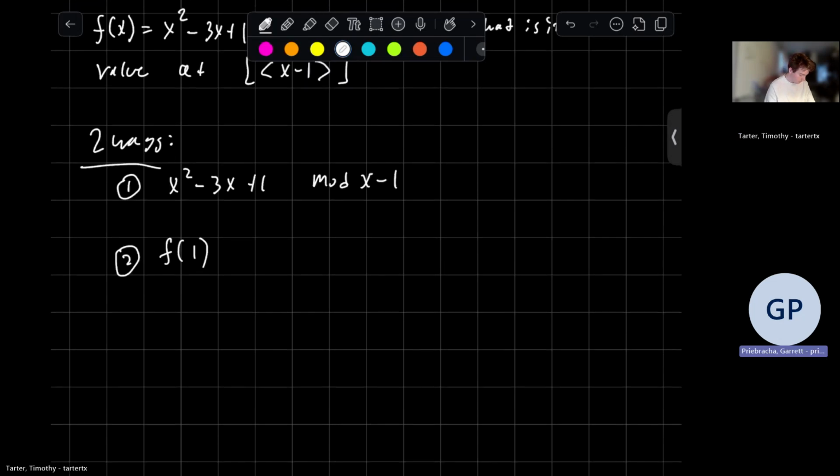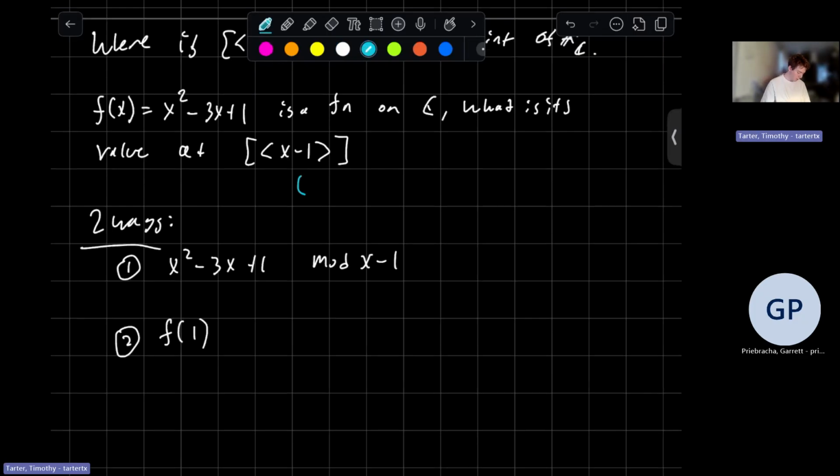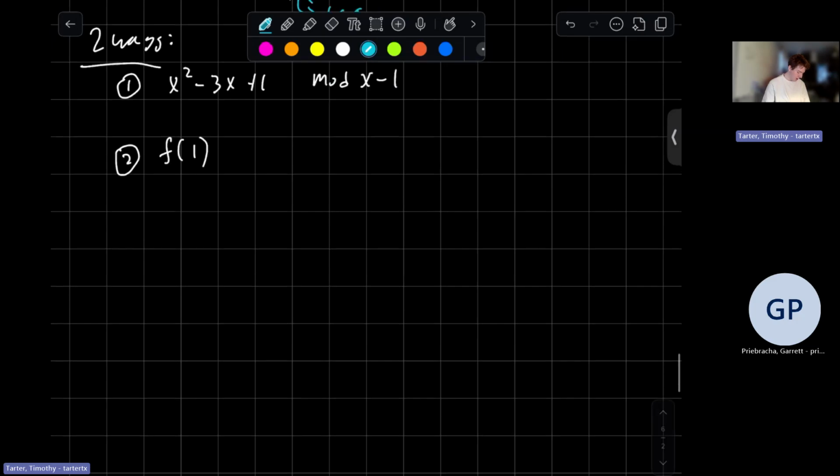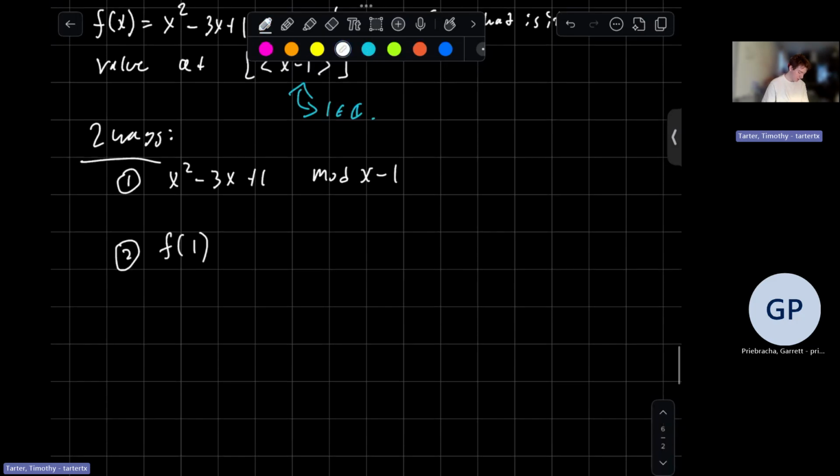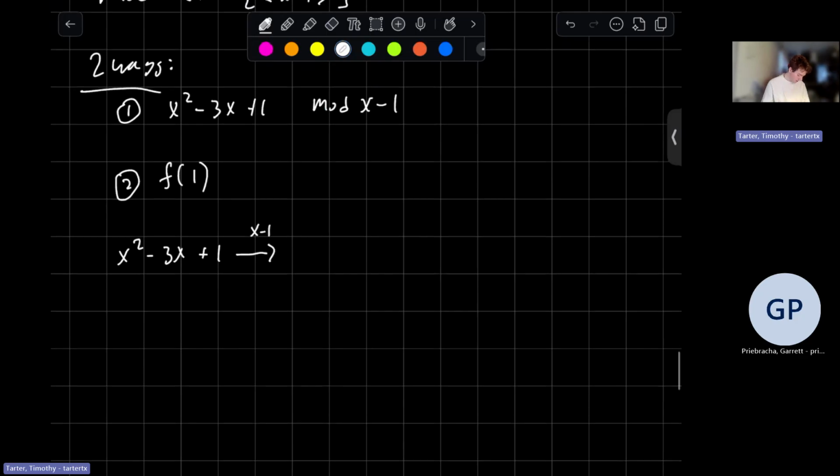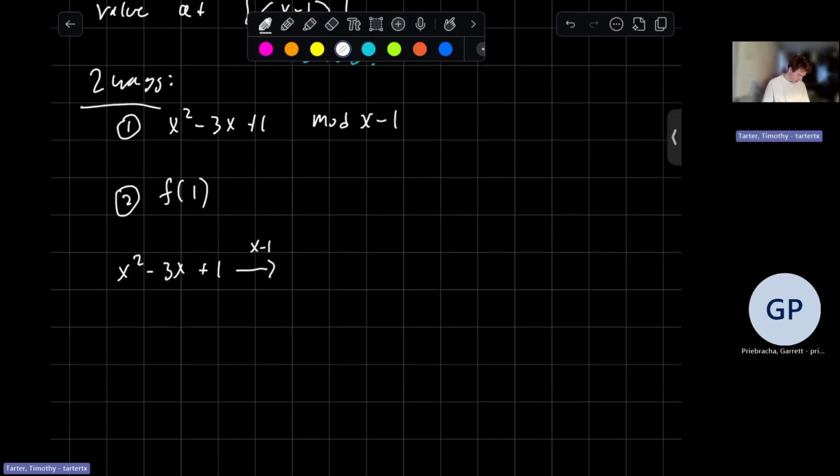Why are we able to do f of 1? Because this corresponds to the point 1 in C. As a good example, x squared minus 3x plus 1 reduces by x minus 1 to be x squared minus 3x plus 1 minus x times x minus 1.